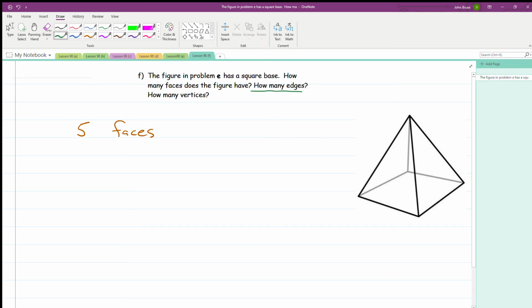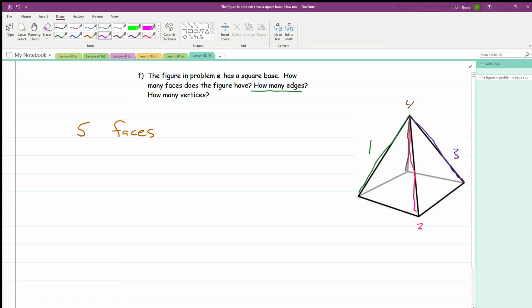We're going to go on to the next question, which is how many edges. Now the edges are the places where the faces meet. So they're these long lines here. So that's going to be one edge, and then we have one here, and that's 2 edges. Then we have one over here on this side, that is 3, and then another one back behind there, that one's 4.